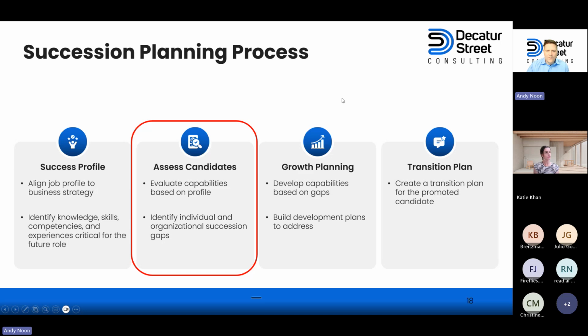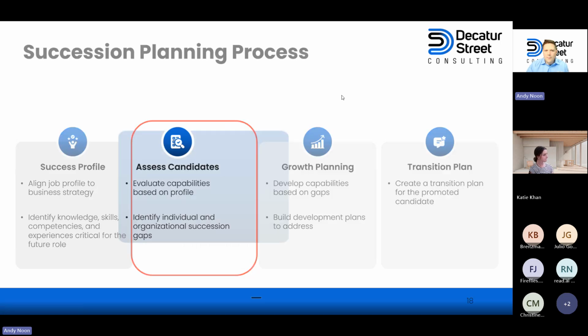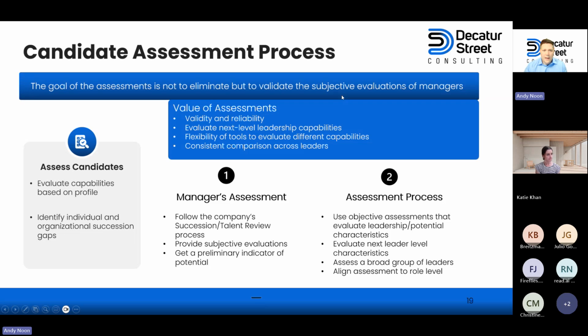So once you've identified your profile, the next question is, how do you go about assessing candidates? What I would tell you is that the goal of assessments is not to eliminate the manager's judgment. The manager still has a very important role in the process. The assessment process is there to validate those manager evaluations.